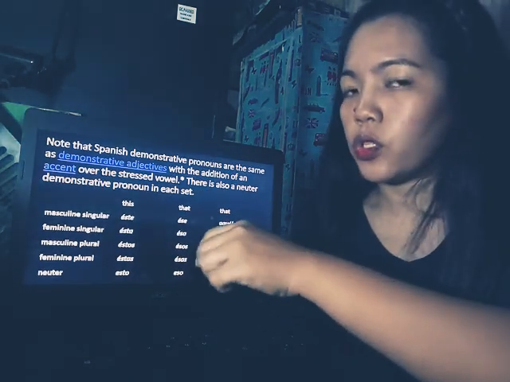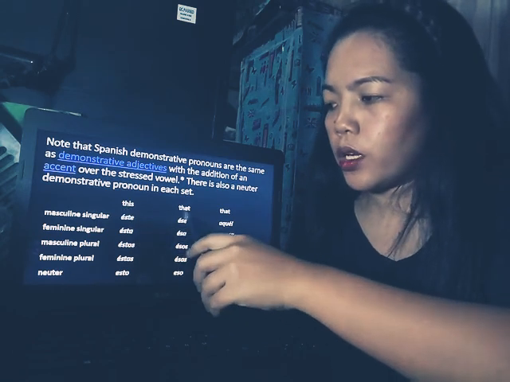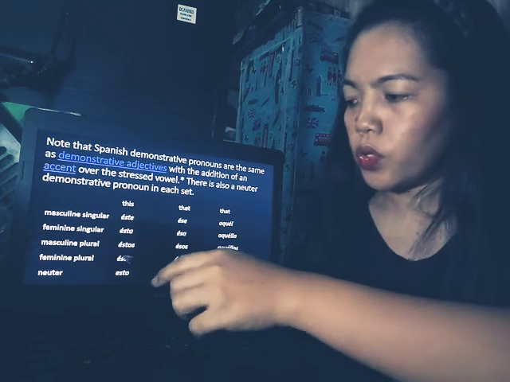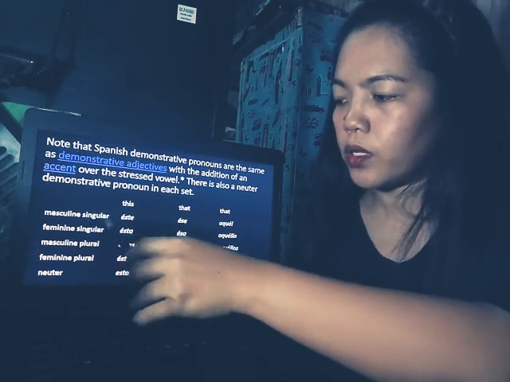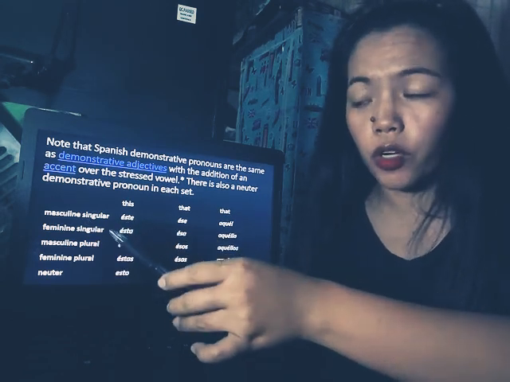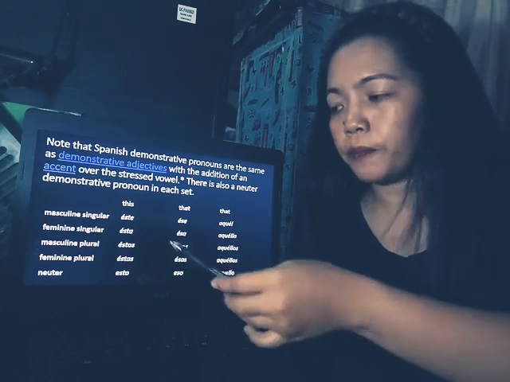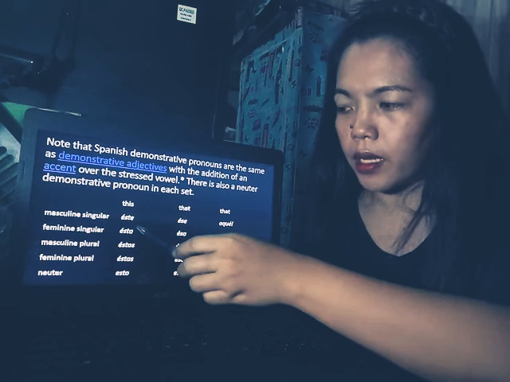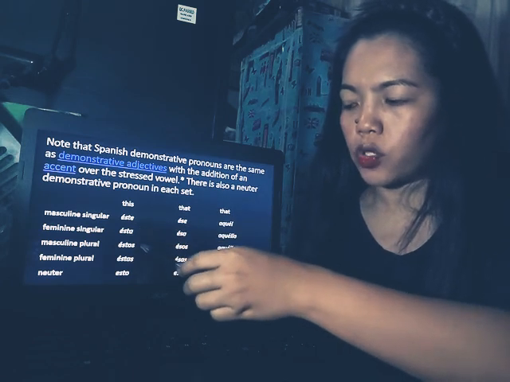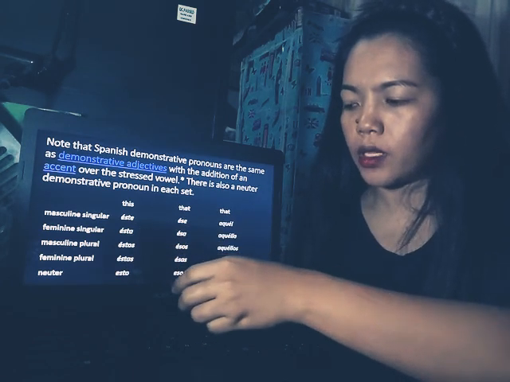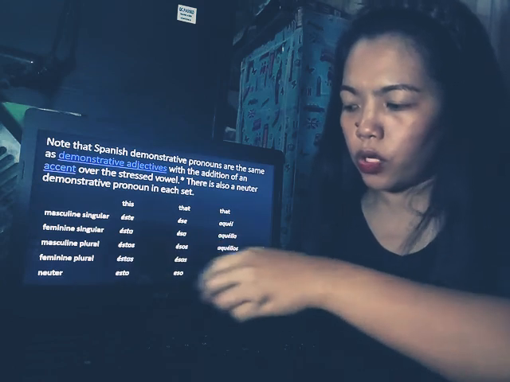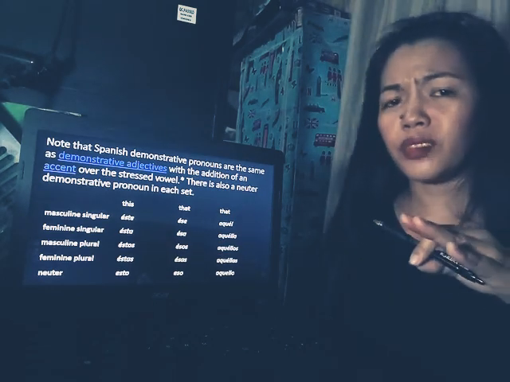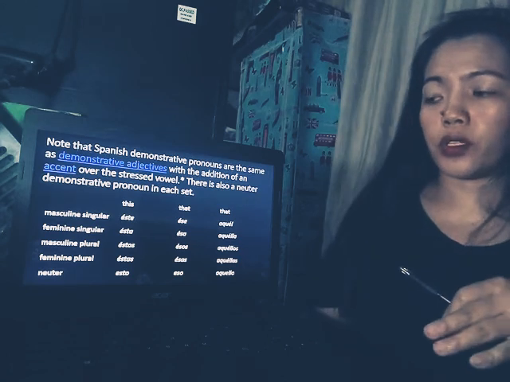So you can see here, masculine singular, este. Este, esta, estos, estas, esto. But the neuter has no accent because it's not specific in terms of gender.